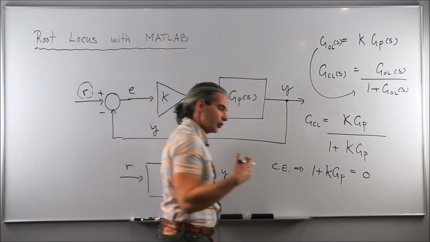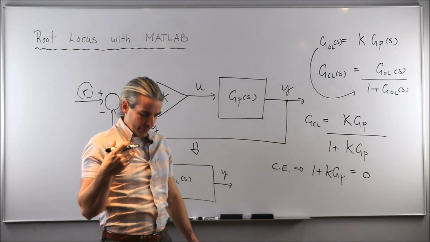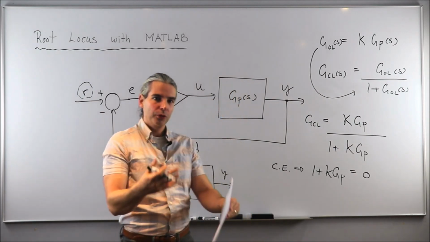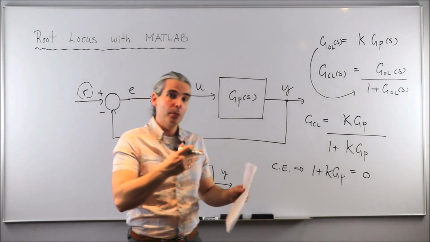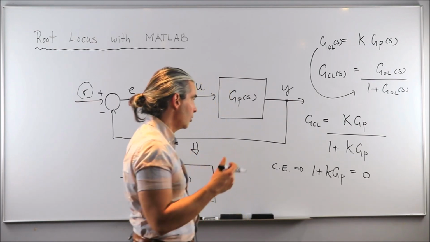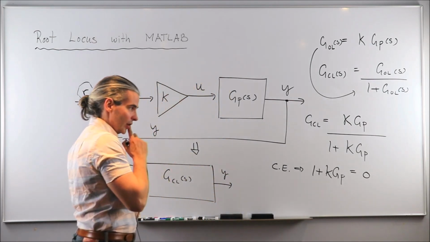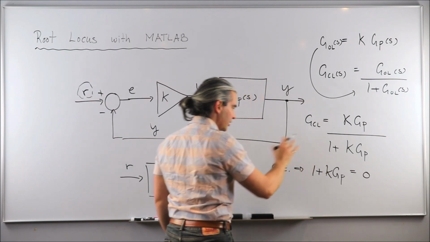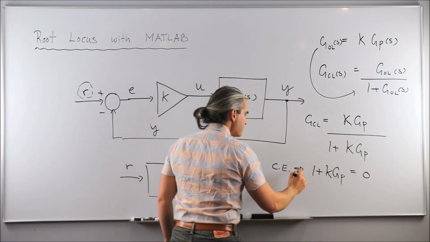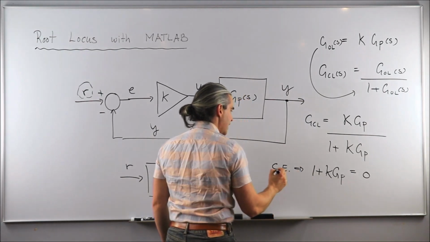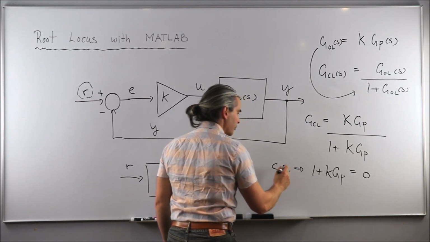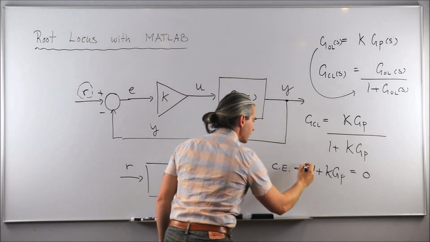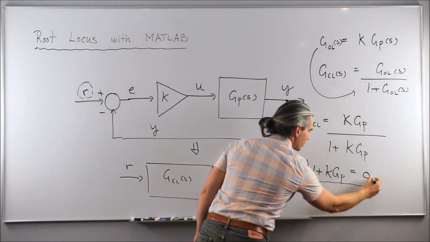Now, there was also the discussion that whenever K was being set to be equal to 0, what we get is actually the poles of the open loop transfer function as opposed to the poles of the closed loop transfer function. And I'm going to come back to that notion in a second, but just for the time being, looking at that, it means that all we need in order to map the poles in a complex plane is to solve that equation for its roots.